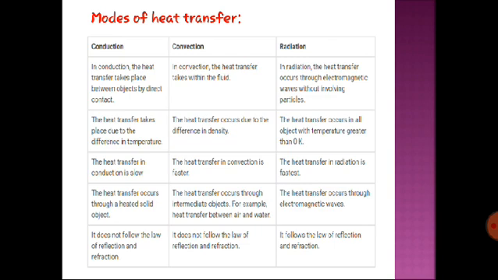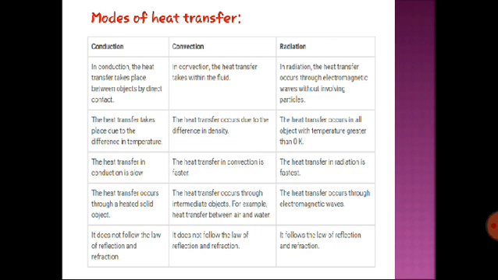In convection also this is the same, and in radiation the heat transfer occurs in all objects with temperature greater than 0 Kelvin. It occurs everywhere. Next point: heat transfer in conduction is slow. In convection, it is faster. And in radiation, it is fastest.